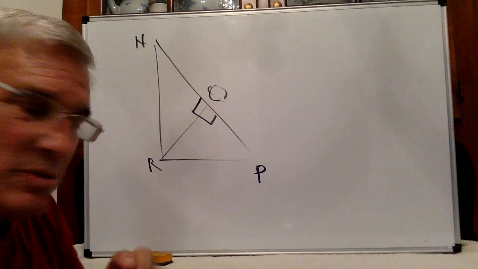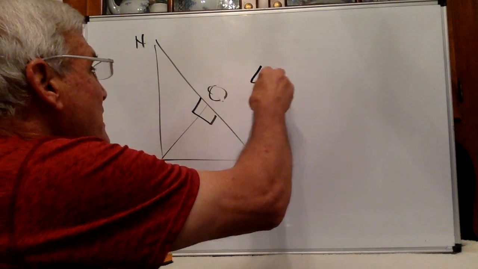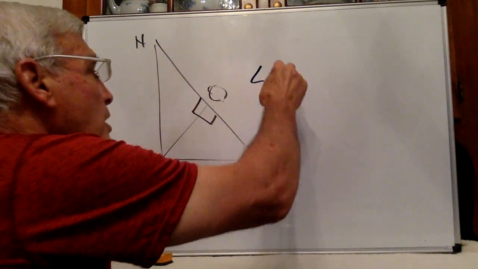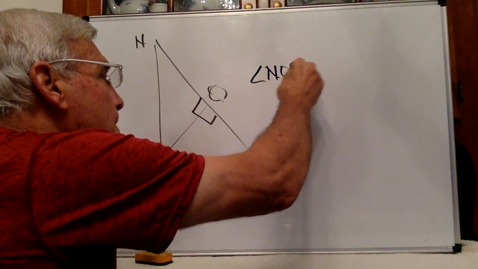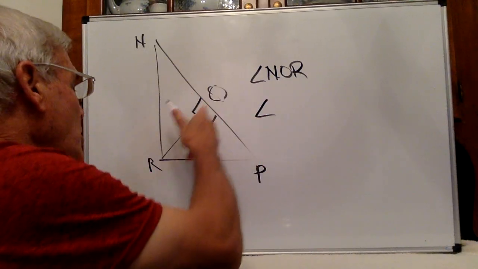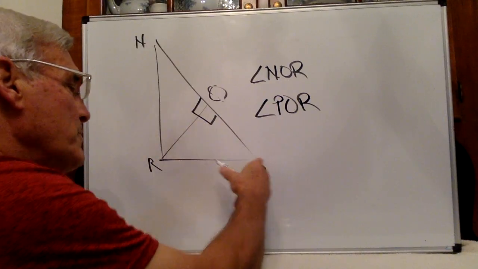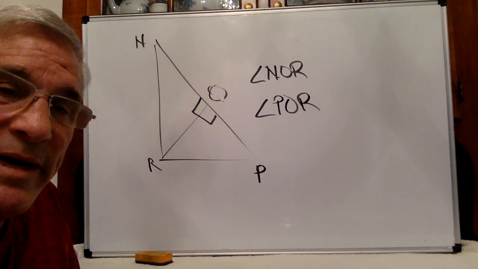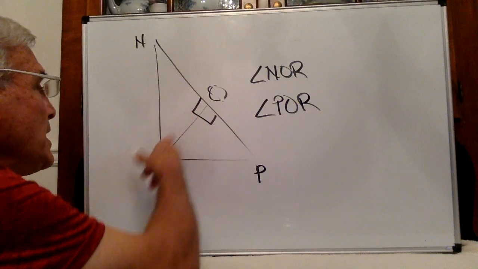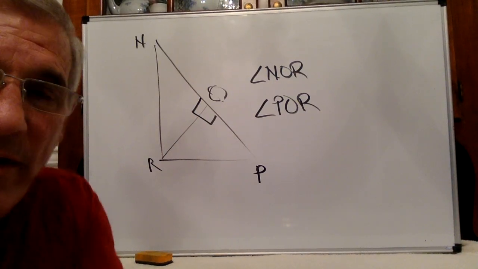Therefore, there are two angles in this figure that I can say are right angles. Angle NOR, or angle RON, and angle POR, or ROP. Those two angles are right angles because lines, rays, or segments that are perpendicular intersect, forming right angles.